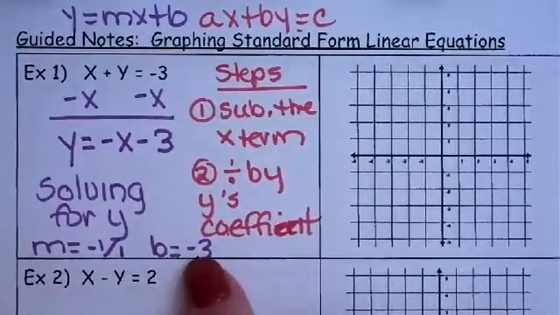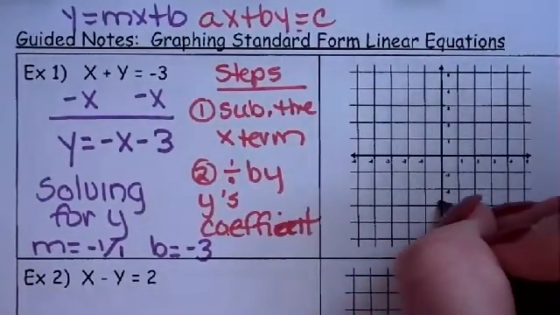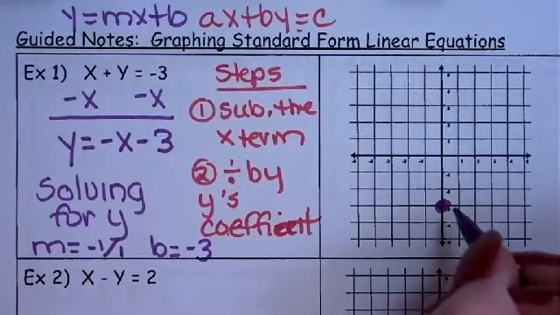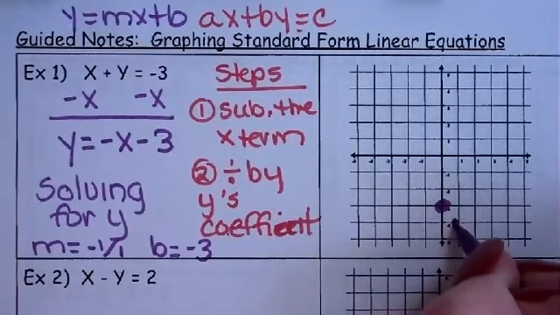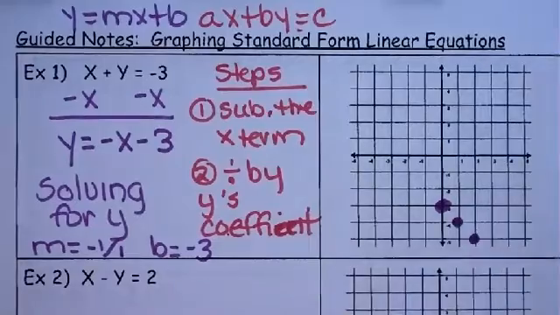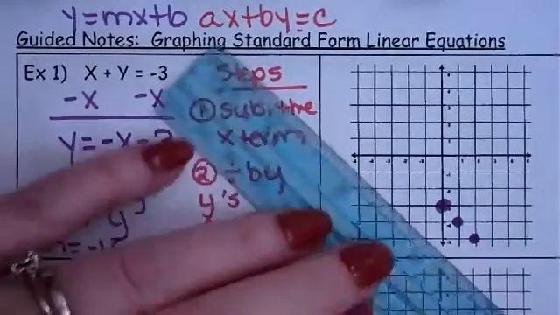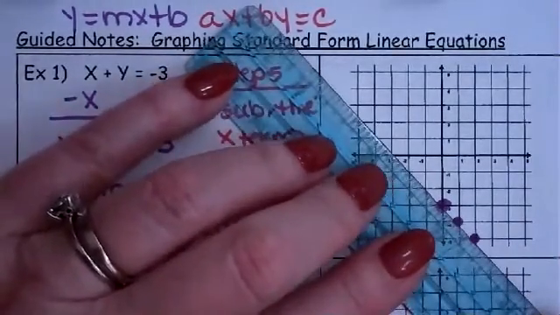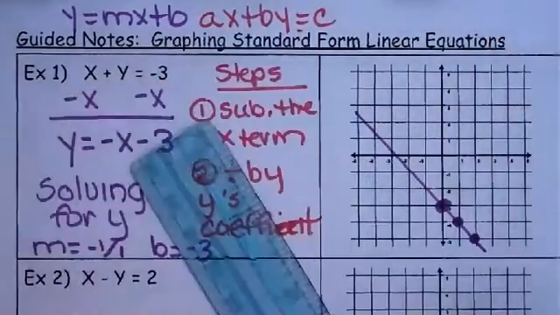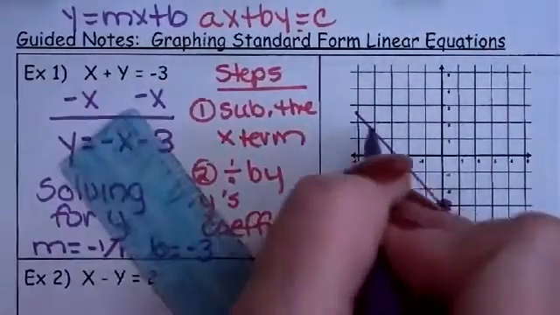Remember, we start with b, and we're going to start at negative 3 right here. And then from there, we're going to go down 1, right 1, because my slope is negative 1 over 1. So down 1, right 1, down 1, right 1, just like that. And we're going to lay our ruler down. Again, I'm not going to make a little bitty baby line that nobody can see.